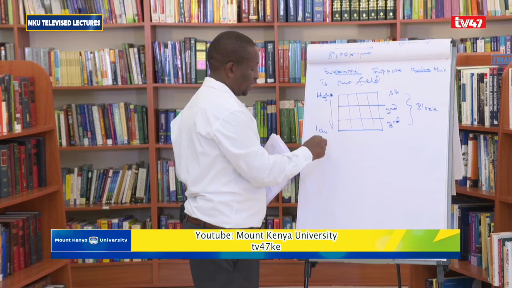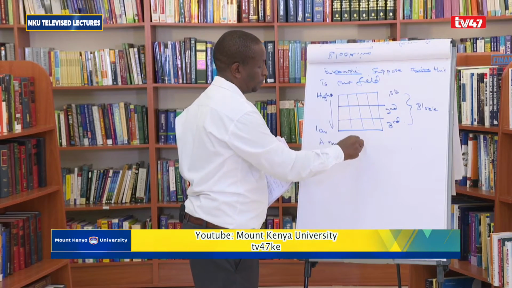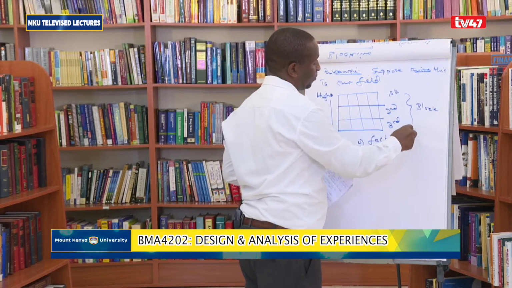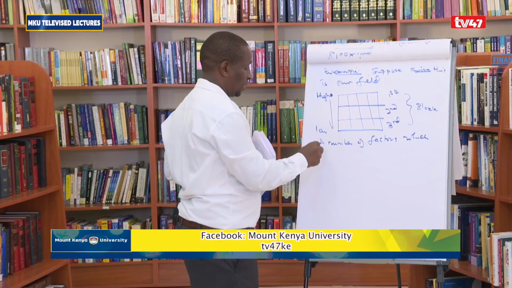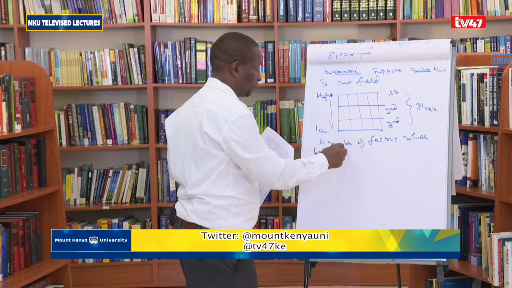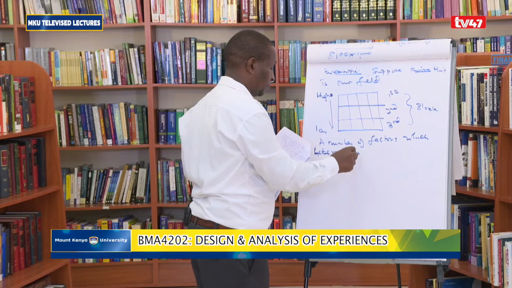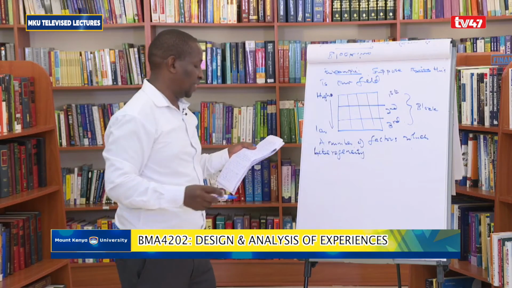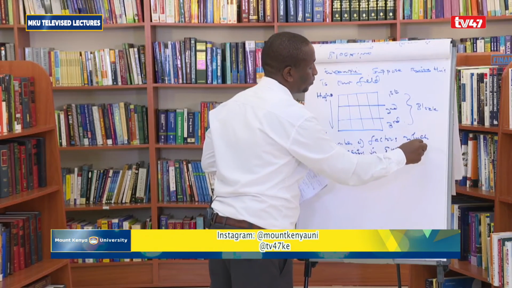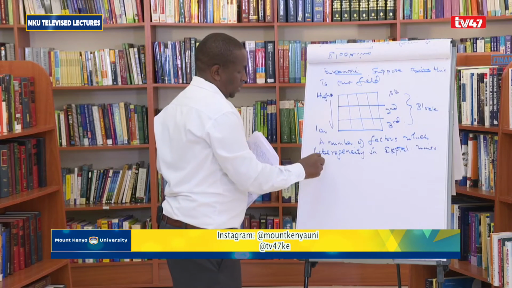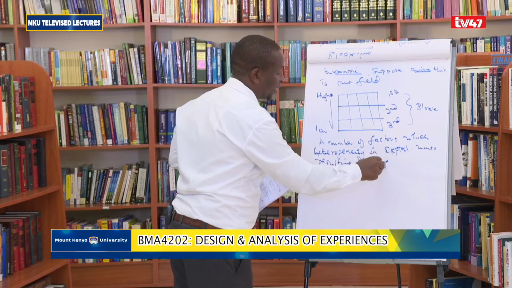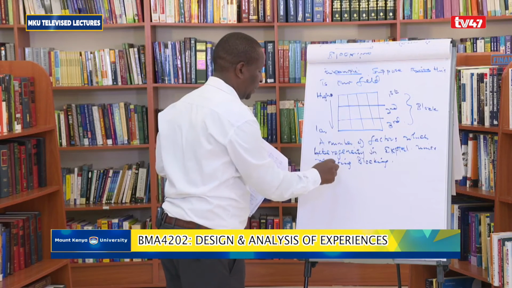A number of factors which create heterogeneity in experimental units, giving rise to the need to block, are as follows. 1, time.